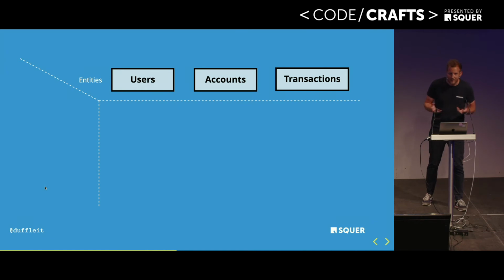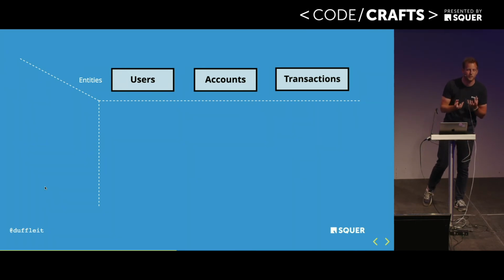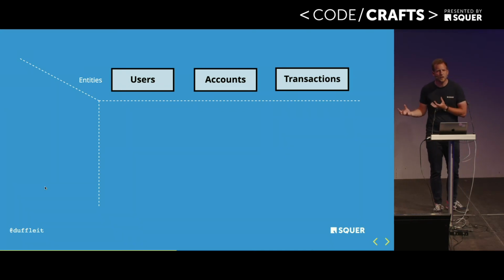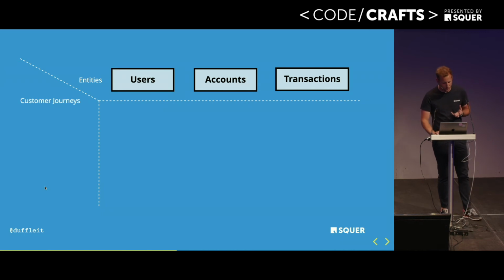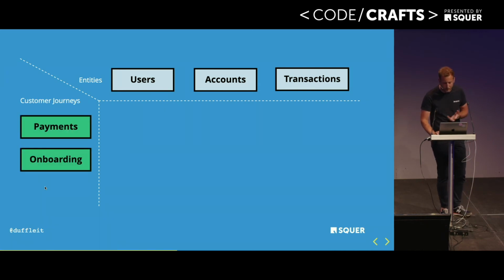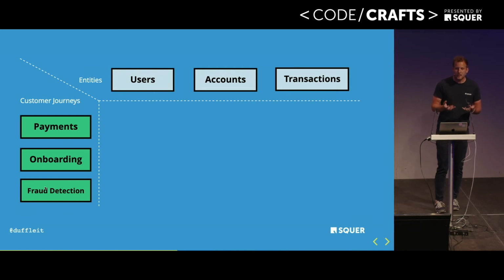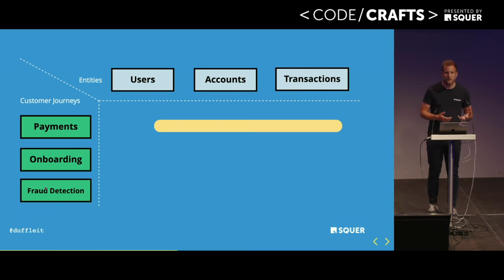But on the other hand, you have customer journeys, and these customer journeys usually provide value to the users, and you want to be as autonomous and independent in developing them. So if you, for example, have customer journeys called, as mentioned already, payment, onboarding, or fraud detection, then those customer journeys need entities. The payment, for example, needs a user, an account, and even a transaction.